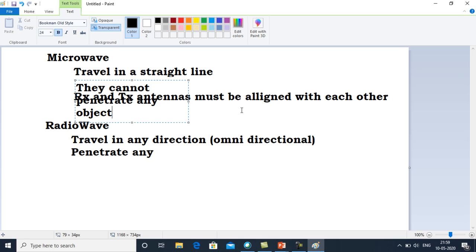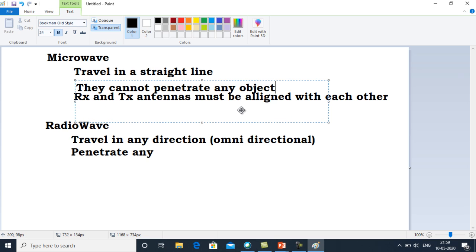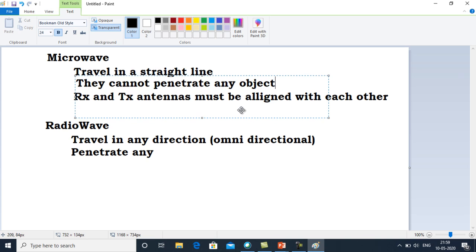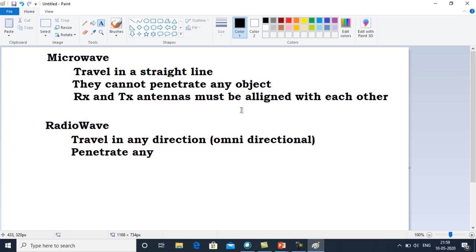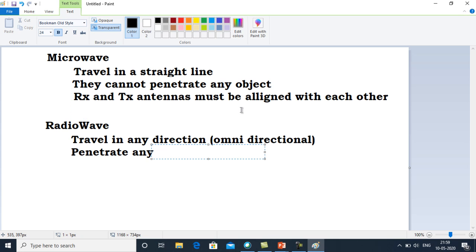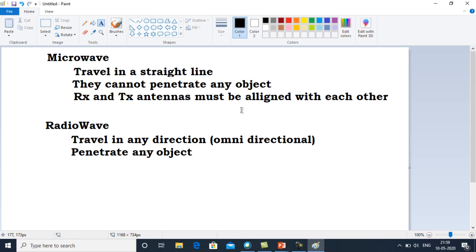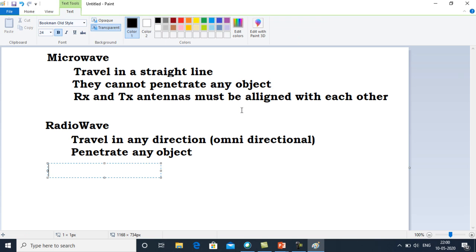This is the important point with respect to microwaves. But when we talk about radio waves, they can penetrate objects, so that's why they are preferable. And obviously the receiving and transmitting antennas must not be aligned with each other, because they are omnidirectional and can travel in any direction.